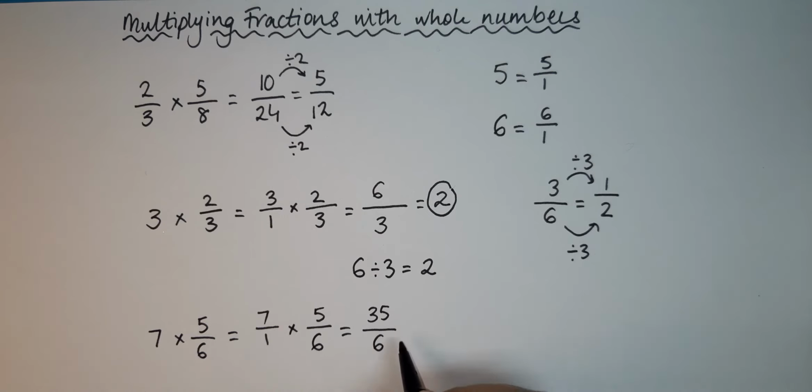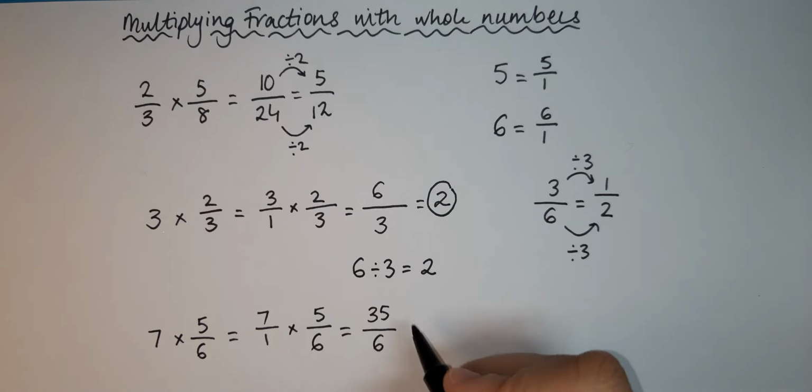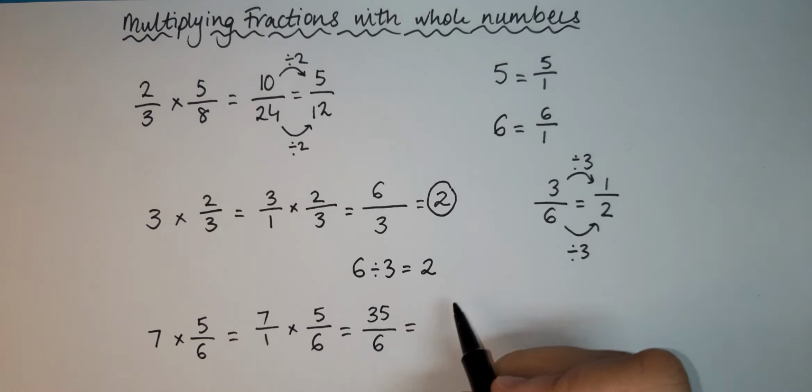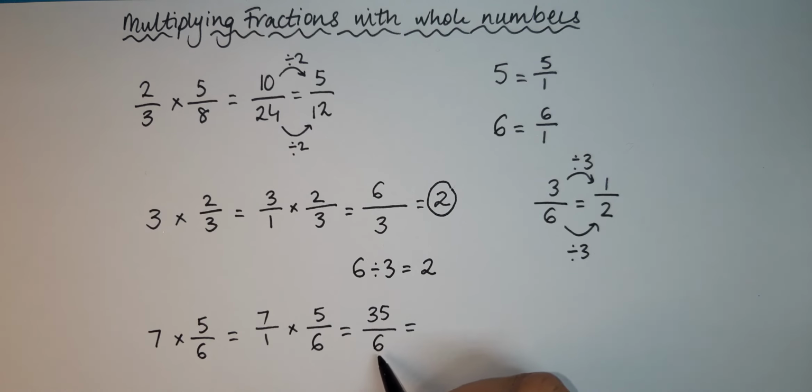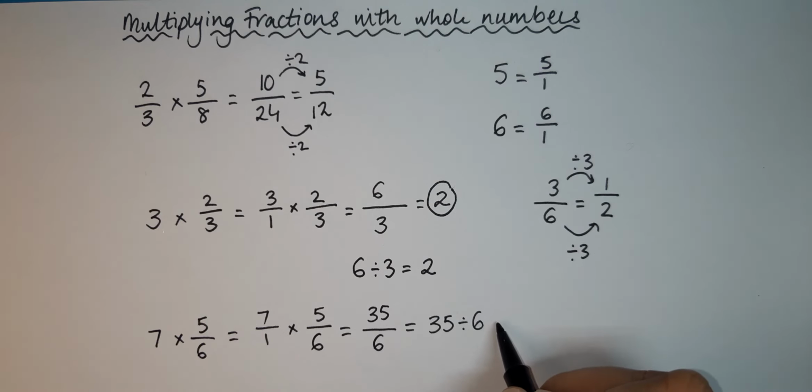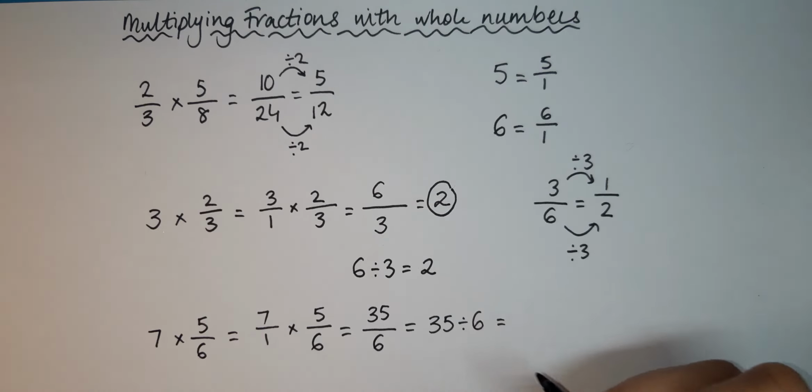Now if we look at this fraction here, we can change it into a mixed number, because it's top heavy, the numerator is larger than the denominator. So what we would do here is rewrite 35/6 as 35 divided by 6.